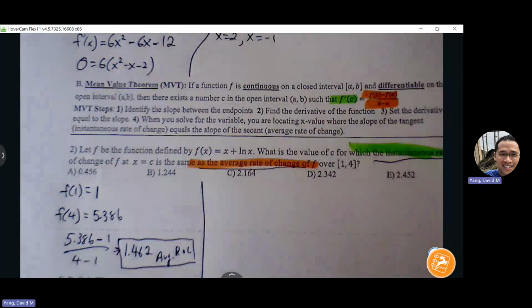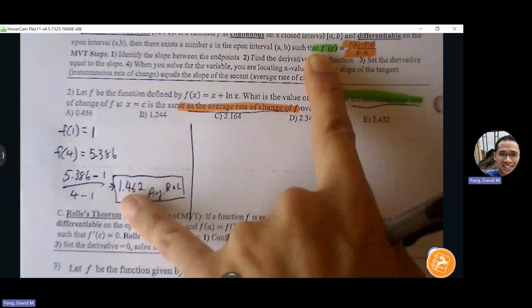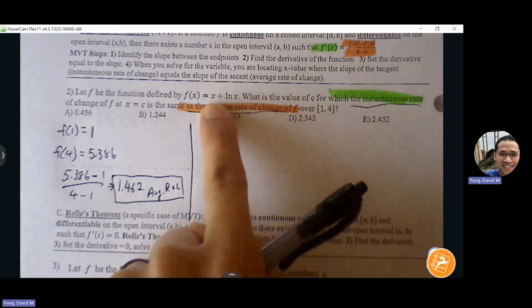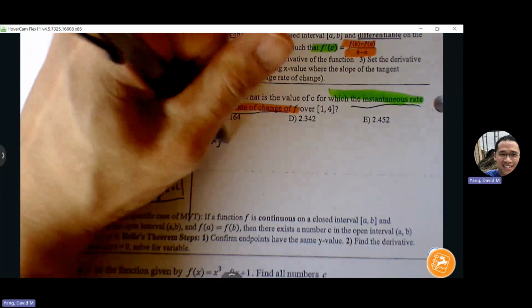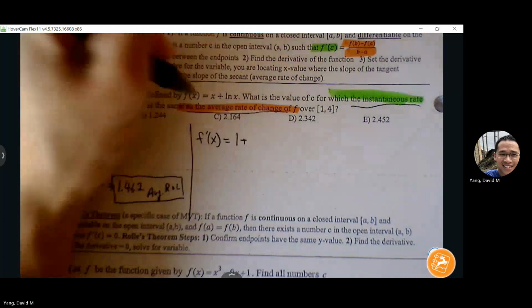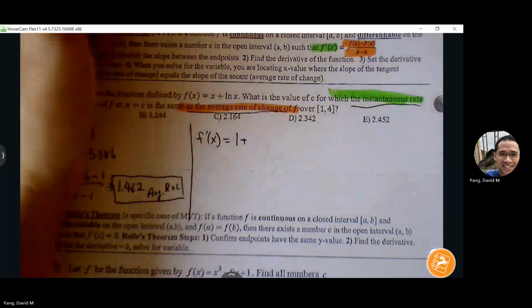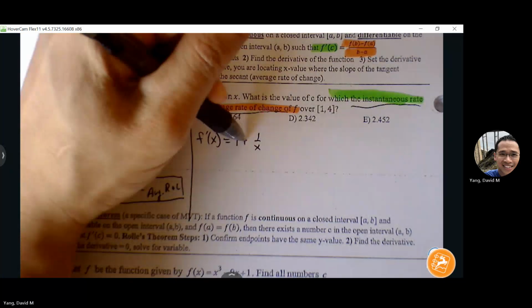The second piece that we need is from the derivative. So we're going to set f prime equal to this number. So f prime, think about our derivative. We can go through rules that we know. X becomes what? And then natural log of x becomes 1 over x.